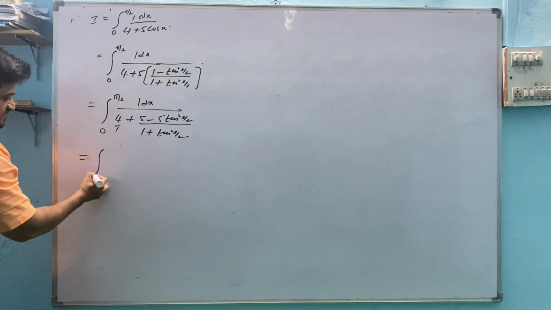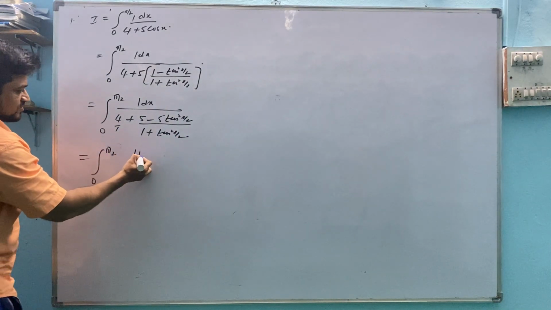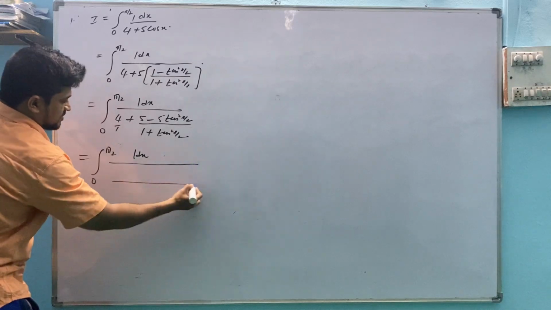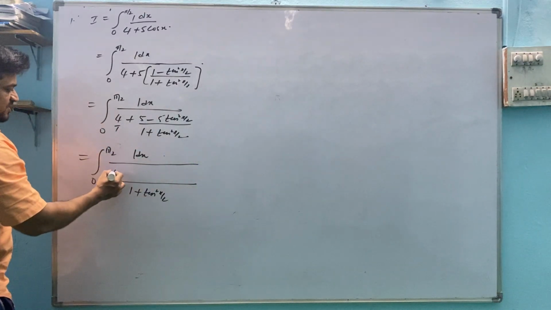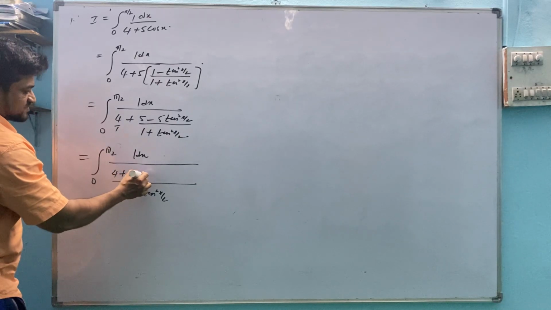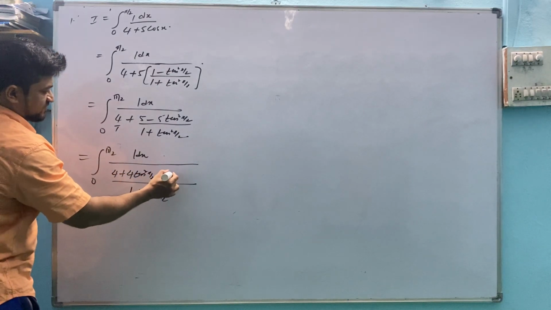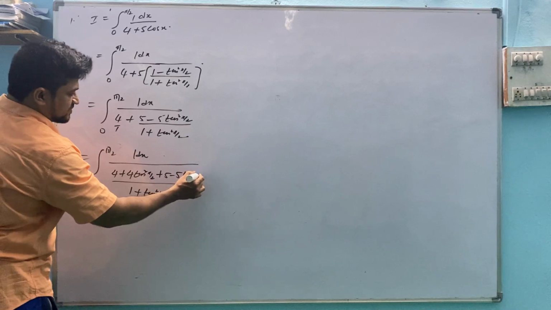Then take the LCM with 1 plus tan square x by 2. Cross multiplied: 4 plus 4 tan square x by 2 plus 5 minus 5 tan square x by 2.